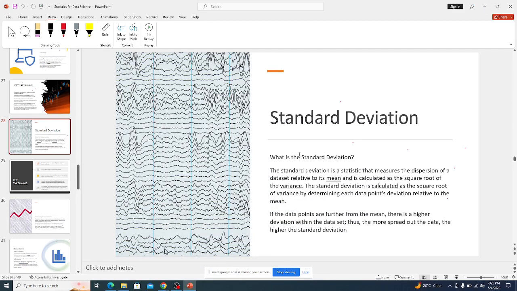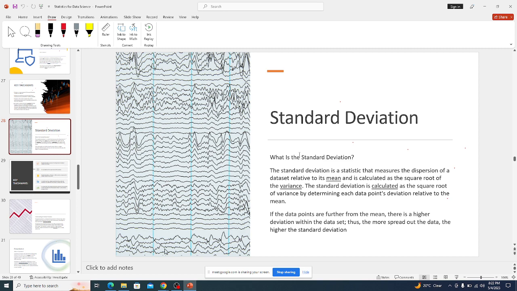So yesterday, just to do a recap, we discussed measures like descriptive statistics, whereby under descriptive statistics we talked about measures of central tendency, and we exhausted all the measures of central tendency, that is mean, mode, and median.